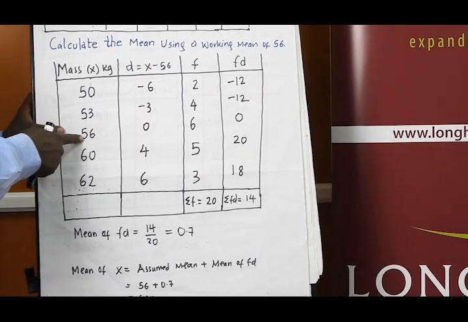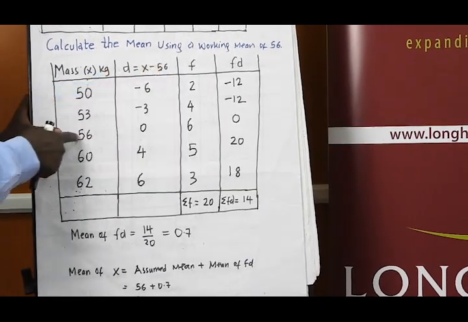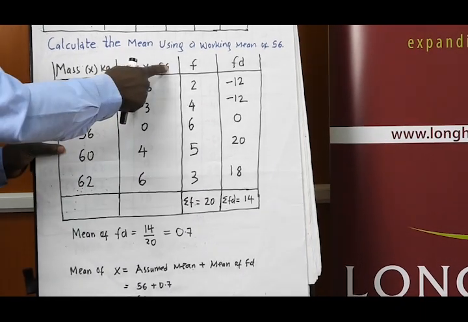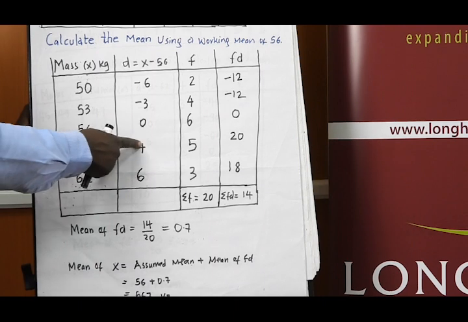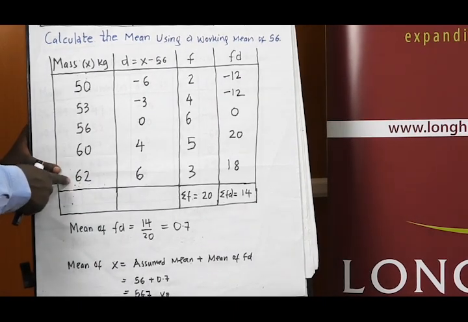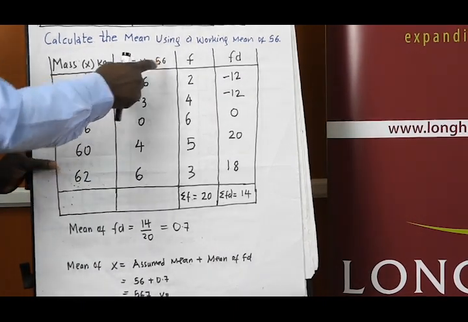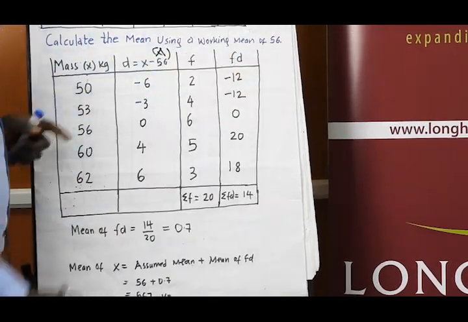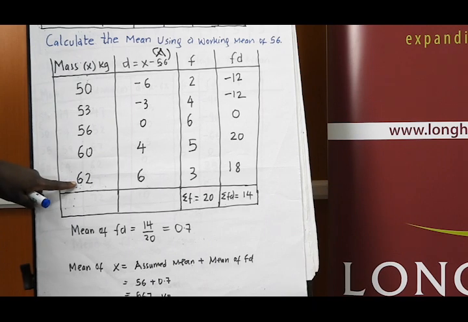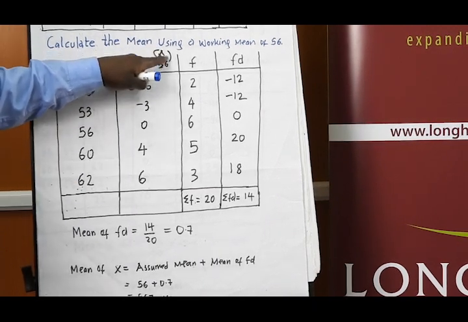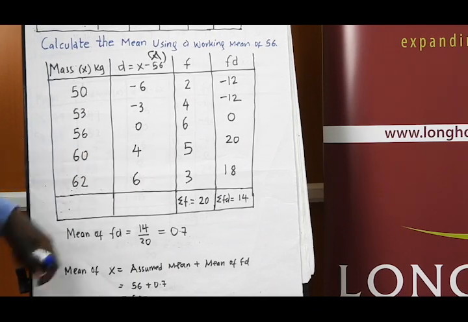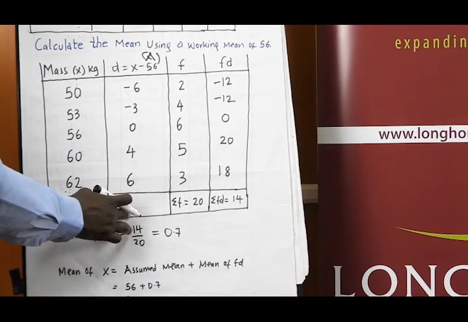The next one is 56 minus 56, that gives us 0. The next one is 60 minus 56, that gives us 4. And the last group is 62 minus 56, which gives 6. Note that the 56 is the assumed mean. So you take X, the actual mass, minus the assumed mean, and we call those the deviations from the assumed mean.